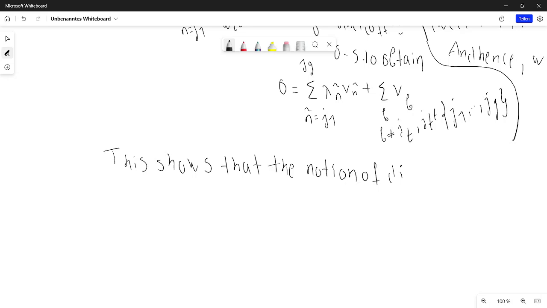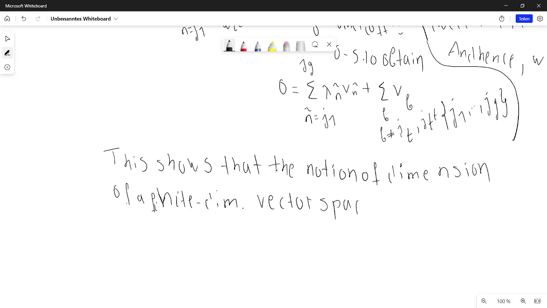This shows that for a given finite dimensional vector space, the notion of dimension is indeed well defined, and this is a remark, maybe note, right? Note.